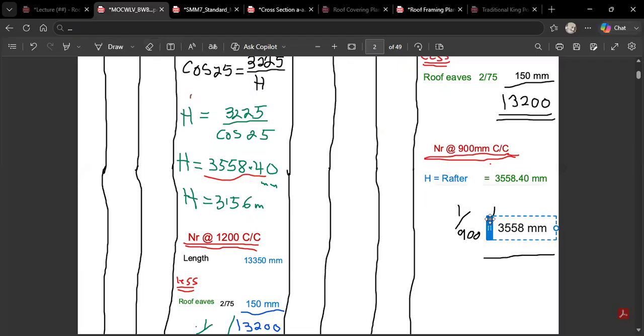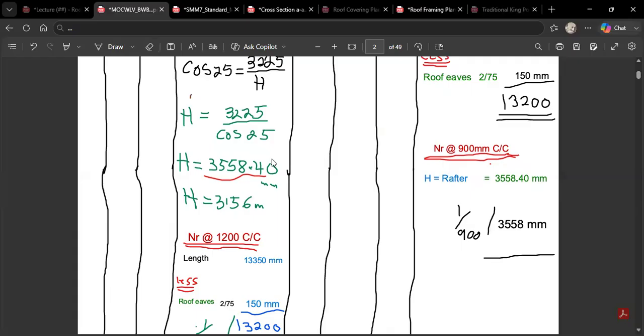So this finally is going to give us what? Do the calculation: you are going to punch 1 over 9 times 3558, and that is going to give us 395.3333.